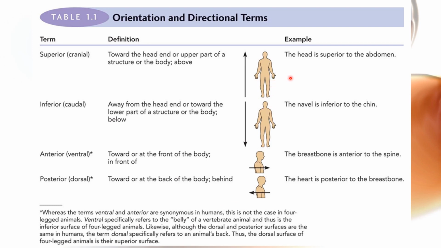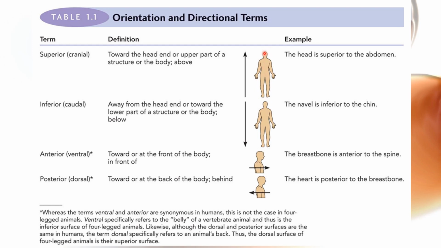When we're talking about superior and inferior, usually these terms come in pairs, so they're going to be opposite directions from each other. Superior is going to be towards the head. When we talk about superior and inferior, we're really just talking about the axial region: head, neck, and torso.